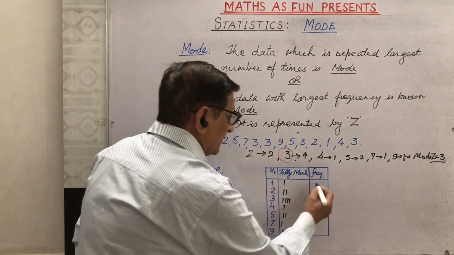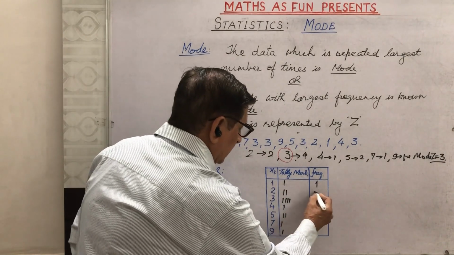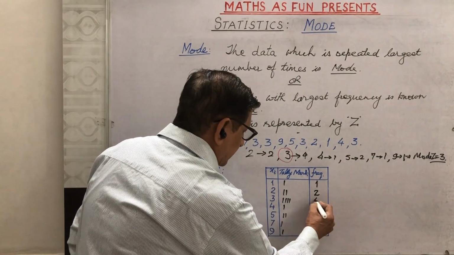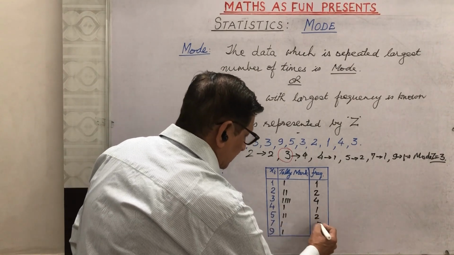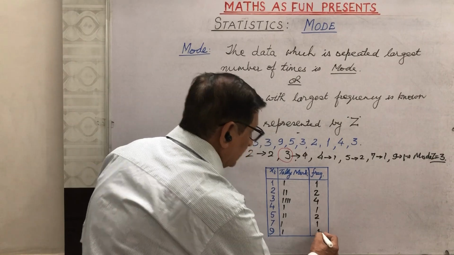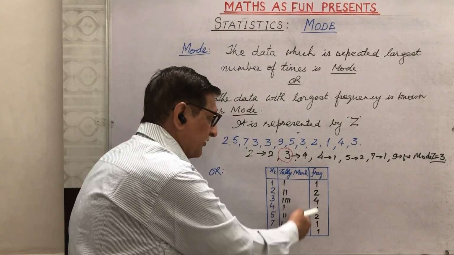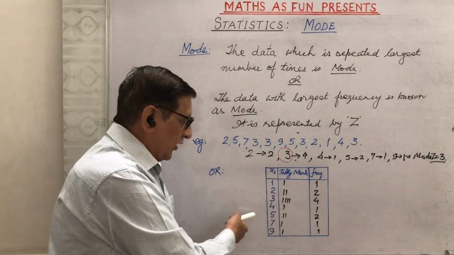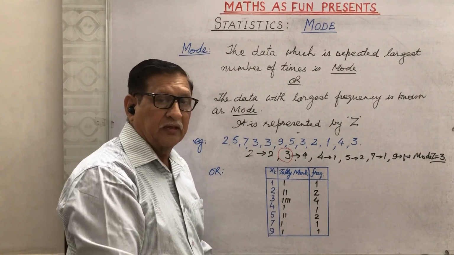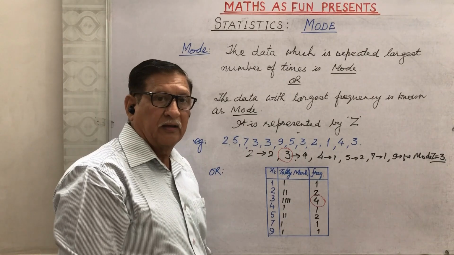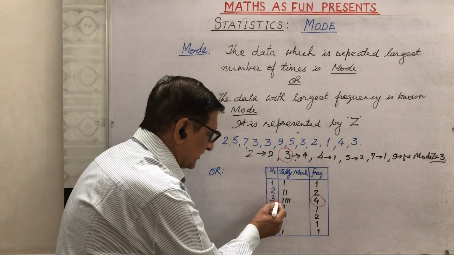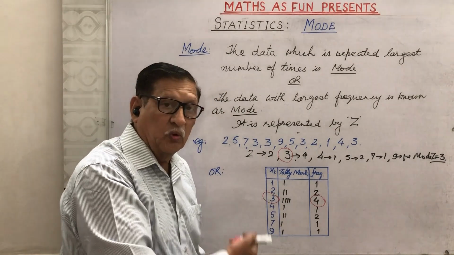And you find that the frequency of 1 is 1, that of 2 is 2, that of 3 is 4, that of 4 is 1, that of 5 is 2, that of 7 is 1, and that of 9 is also 1. After finding the frequencies, we see what the maximum frequency is. The maximum frequency we are finding here is 4. So the corresponding data to that is 3, that is the mode.